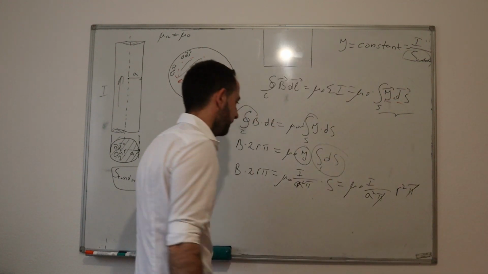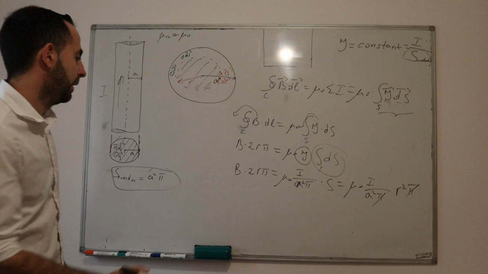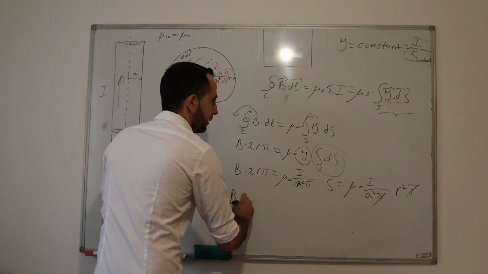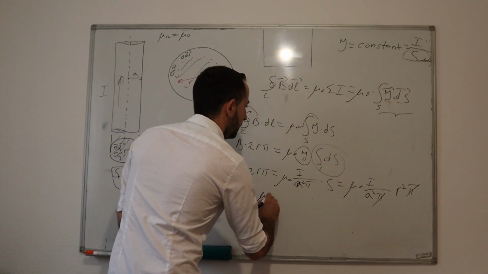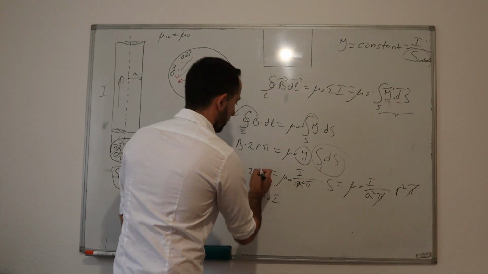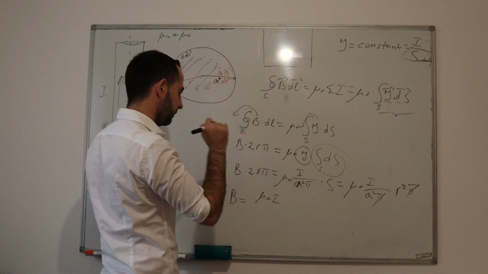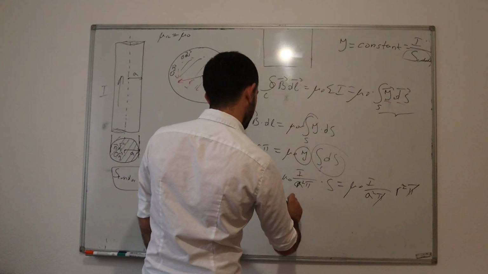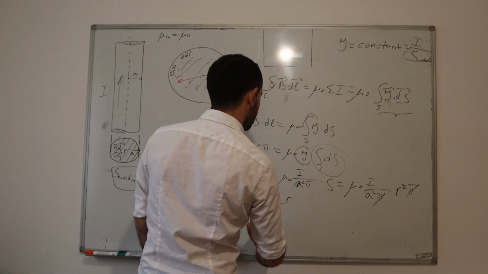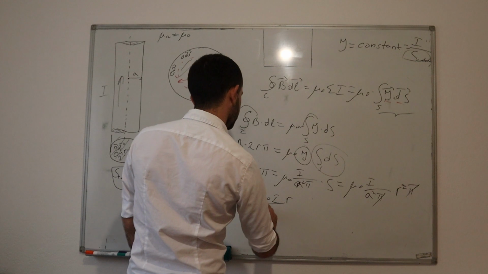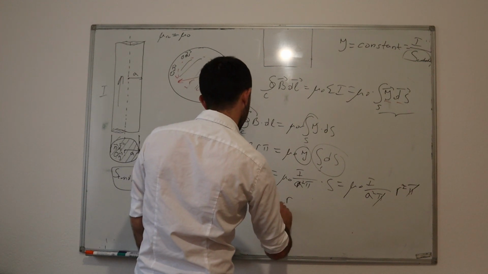So we can cancel this and this, and from here we will get that our B is equal to mu0 I r, and r squared will be shortened with pi, we will get mu0 I times r divided by 2 pi a squared.